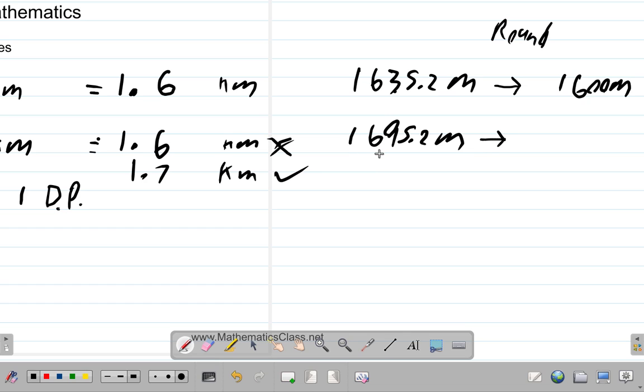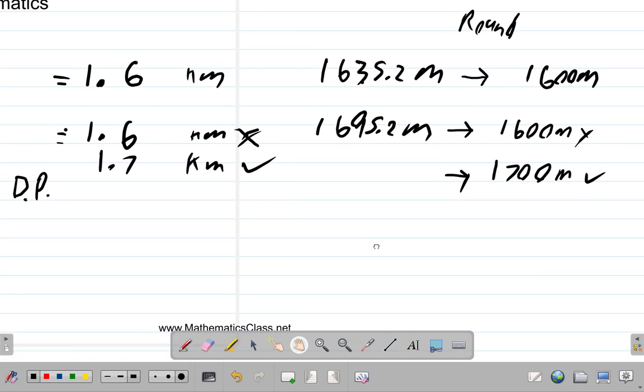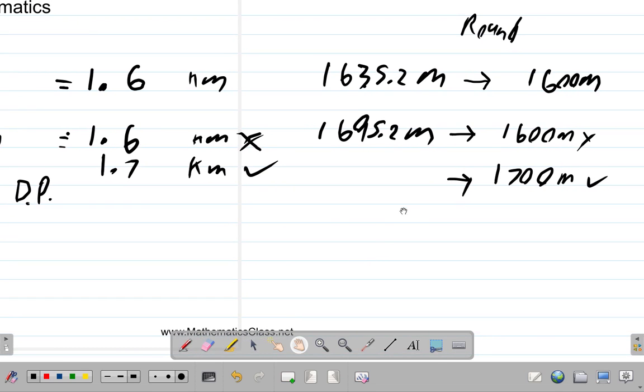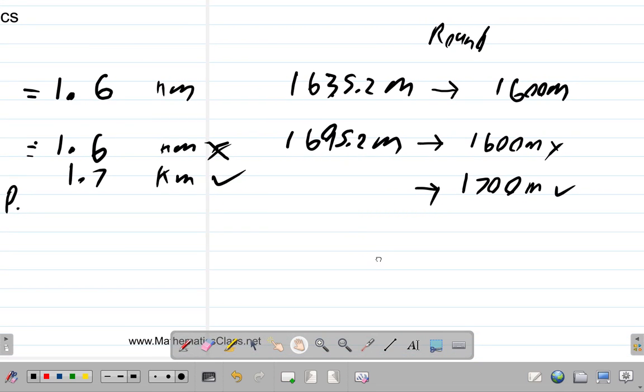Now, suppose we look upon the 1,600 meter from the wrong one, and the 1,700 meter from the right one. What is the difference? I want to see the reason. The difference now is this.